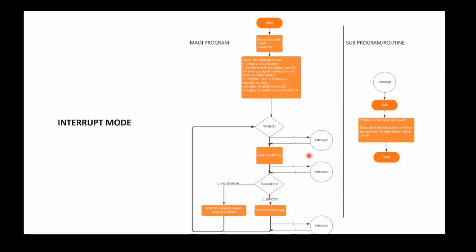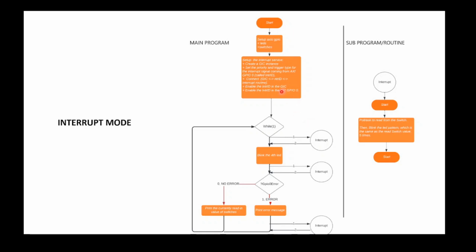However, if you look at the interrupt flow, you won't see a place where we do the task of blinking the LED according to the read-in switch value in the main program. Yet with the interrupt mode, we are able to do this task, even though this function is defined outside our main program, outside our int main.